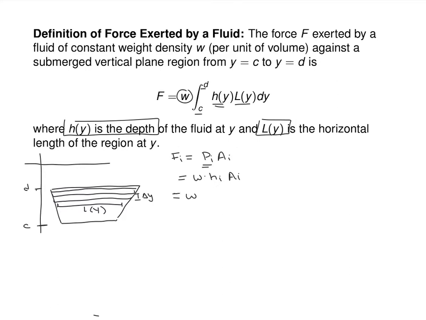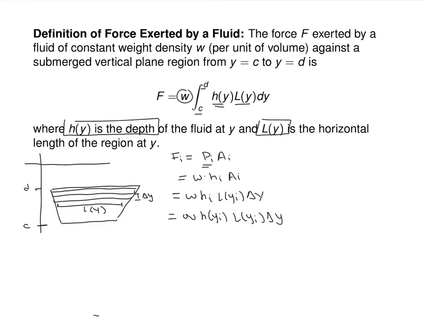So W h sub i, L of y sub i times delta y. And that h will also be a function of y, as it's going to be changing. So let's write that as W h of y sub i, L of y sub i, delta y.